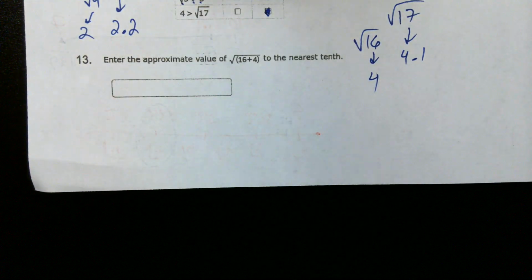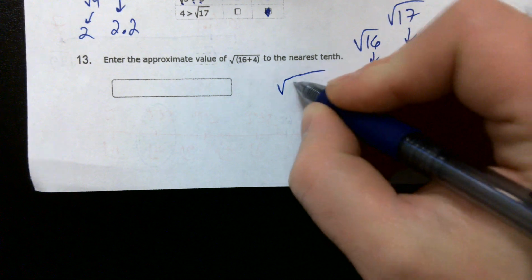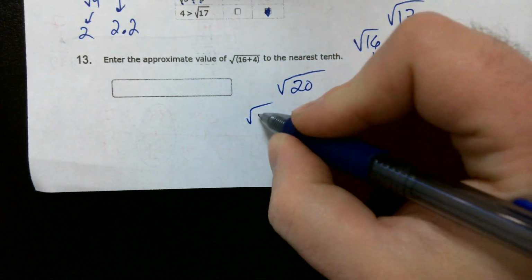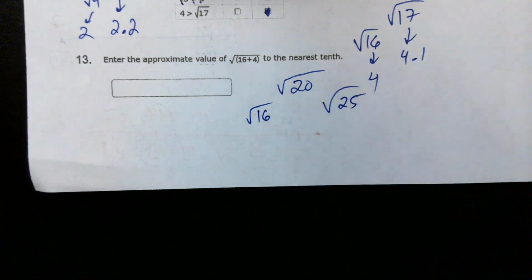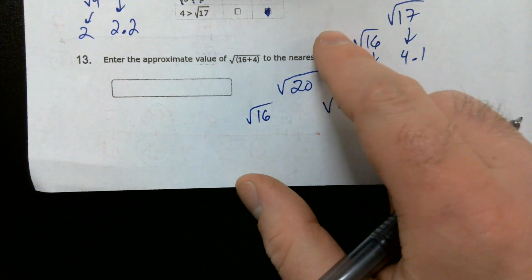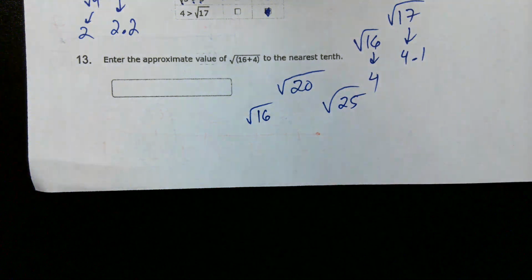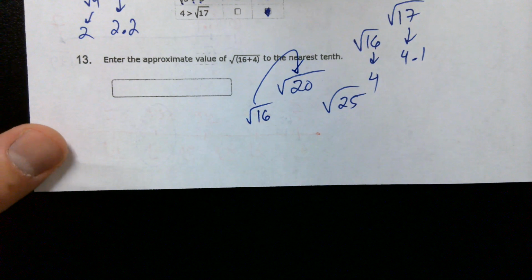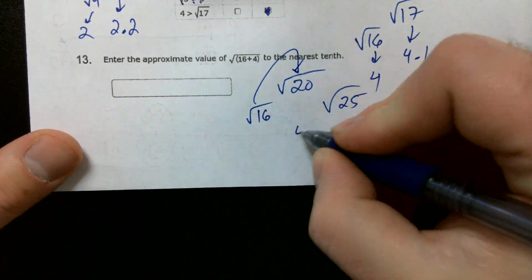And last but not least, let's do, what is 16 plus 4? 20. What's the closest perfect square to 20? Probably 16 and 25, right? Now I need the nearest tenth. I need a decimal. So I'm going to set up a fraction here. How far away from 16 is 20? 4.